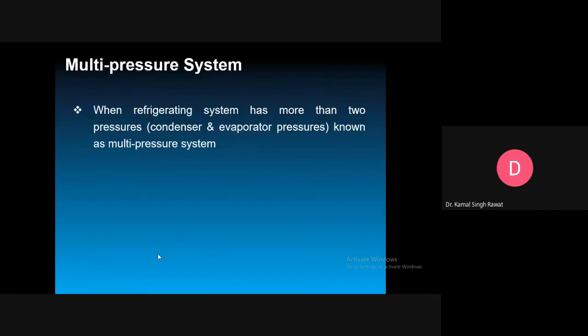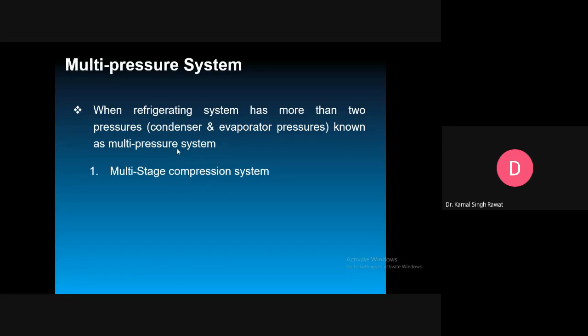Okay, so let's start with multi-pressure system. What is a multi-pressure system? When a refrigerating system has more than two pressures, condenser pressure and evaporator pressure, it is known as a multi-pressure system. अगर हमारे पास दो प्रेशर से ज्यादा प्रेशर लिमिट्स होंगी, तो ऐसे सिस्टम को हम मल्टी प्रेशर सिस्टम बोलेंगे. अब मल्टी प्रेशर सिस्टम में हमारे पास कौन कौन से ऑप्शन अवेलेबल हैं? मल्टी स्टेज कंप्रेशन सिस्टम.